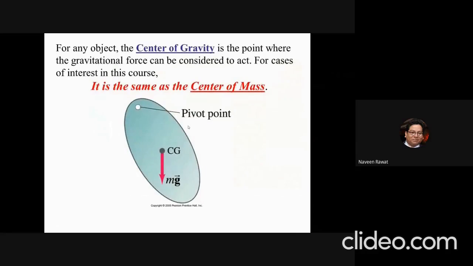One of the examples of why we are doing this is your center of gravity. Take any object, if it is a continuous object, and there is gravitational force acting on it, there is a point in that object called the center of gravity. And what is special about this point? You can imagine that all the mass of this object is concentrated at this point.